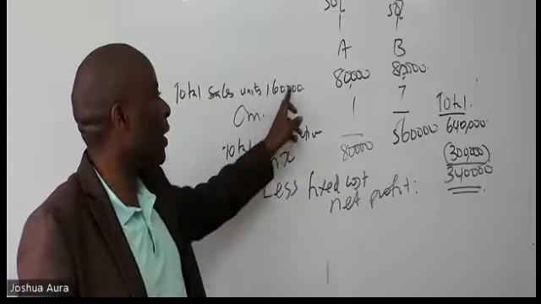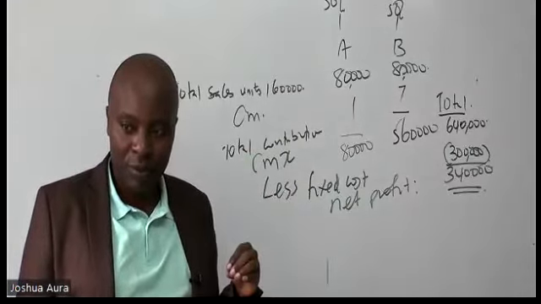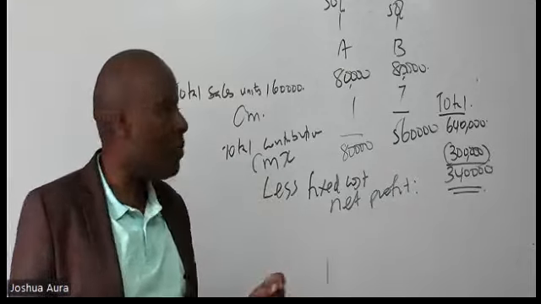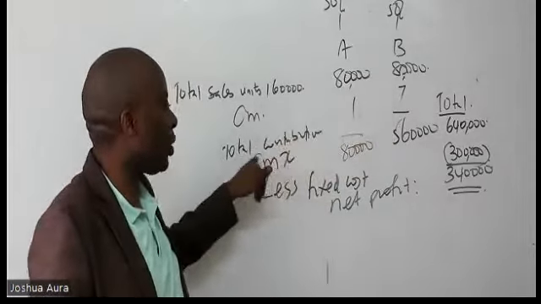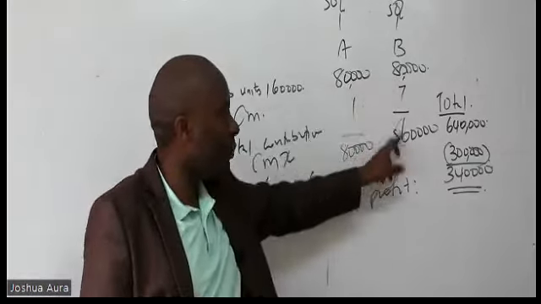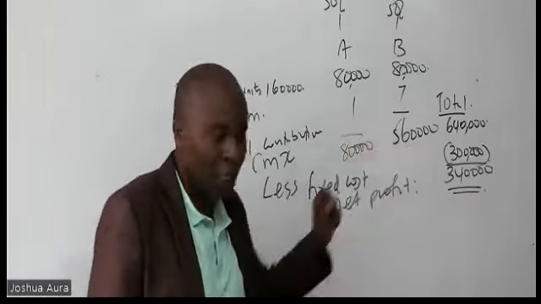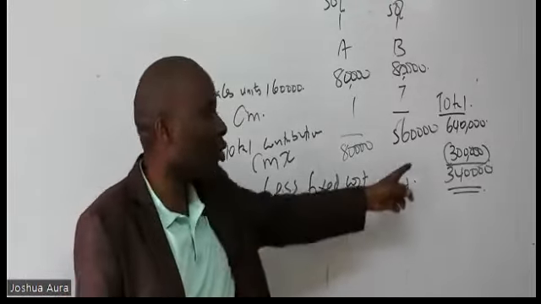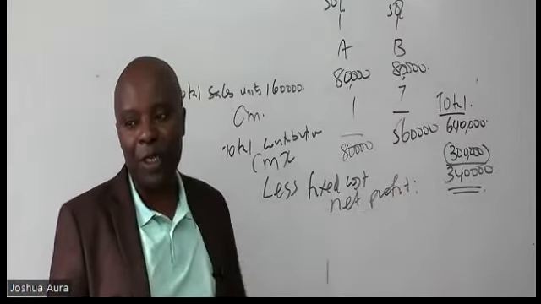So 50% of this gave me 80,000, 80,000. The contribution margins will not change. They will remain the same. Contribution margin for A is 1, for B is 7. So I was able to get the total contribution by taking this times contribution margin. This gave me 560, and adding the two gave me 640,000. And then I subtract our fixed cost. Fixed cost of how much here? 300,000. So I was able to arrive at a new net profit of 340,000.